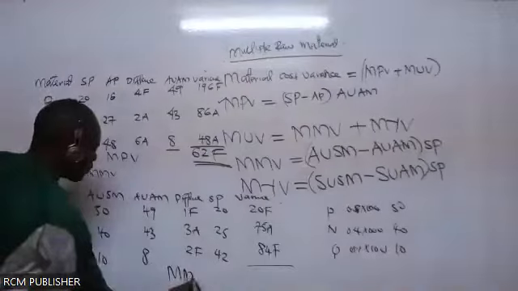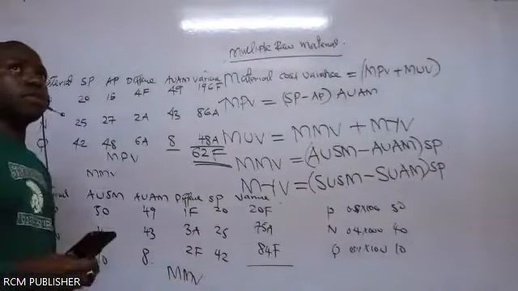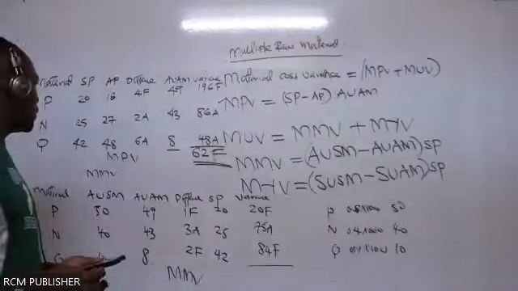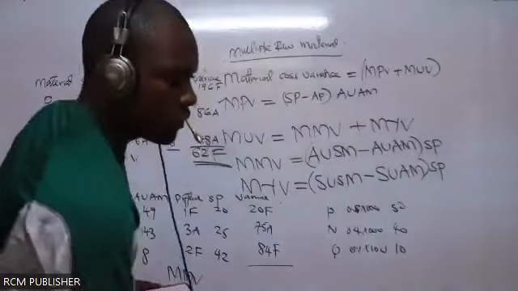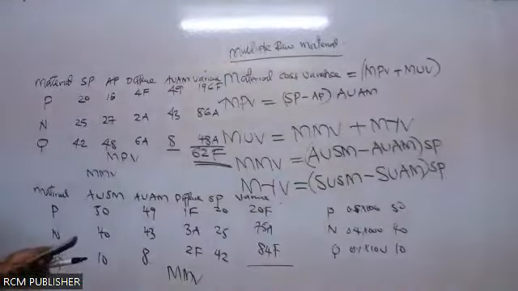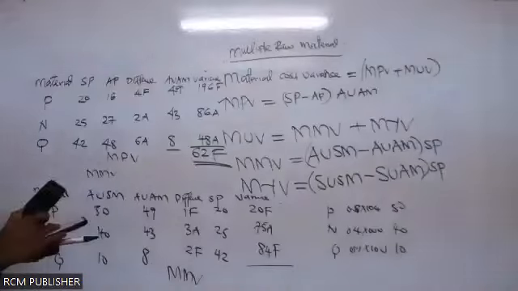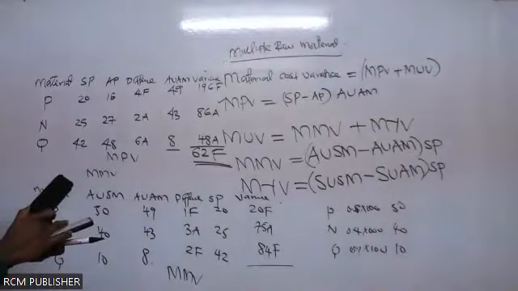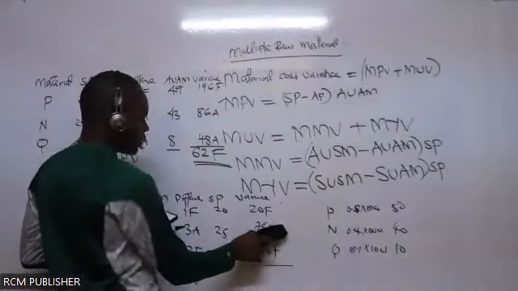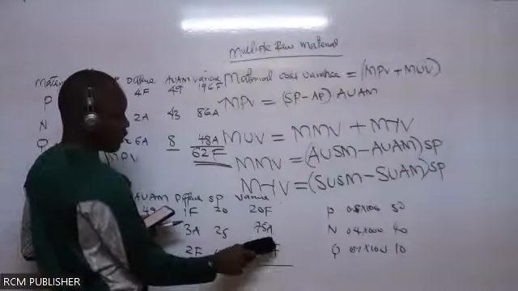Material mix variance. What do we get for the material mix variance? And let us know this one is A, adverse. So these are all negative. Negative 75 to 84 is going to be around 10.